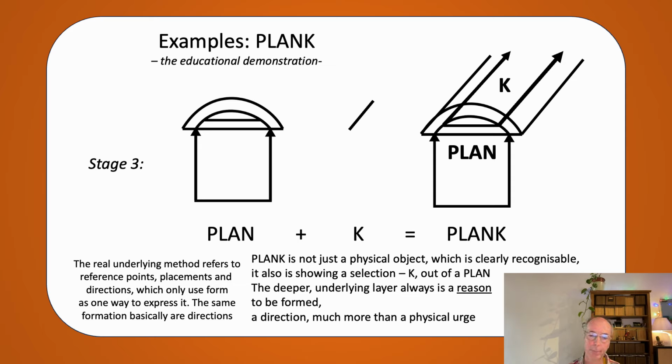So let's go back into the words. Let's go from plank to plan and to plat, because this word exists as well. And then build back up to plank and see how it is, not from a physical plane alone, but also from the directions it's expressing there.